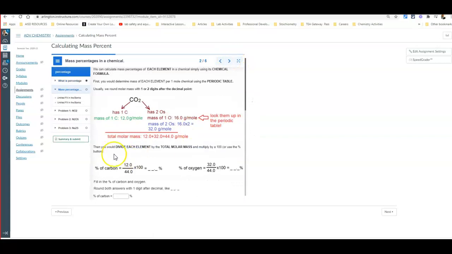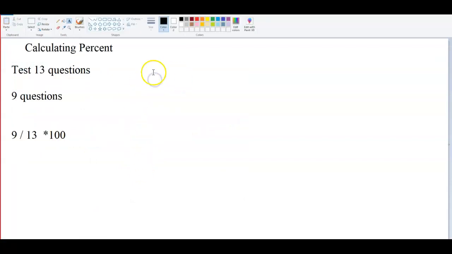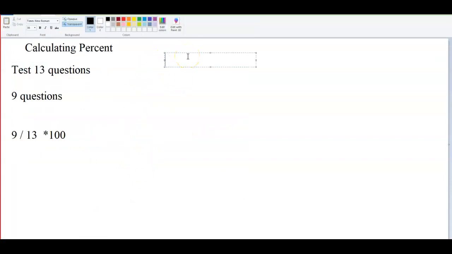So the second question here, you're given this. Let's say you're given H2O, and you're asked to find the percent of oxygen in H2O.